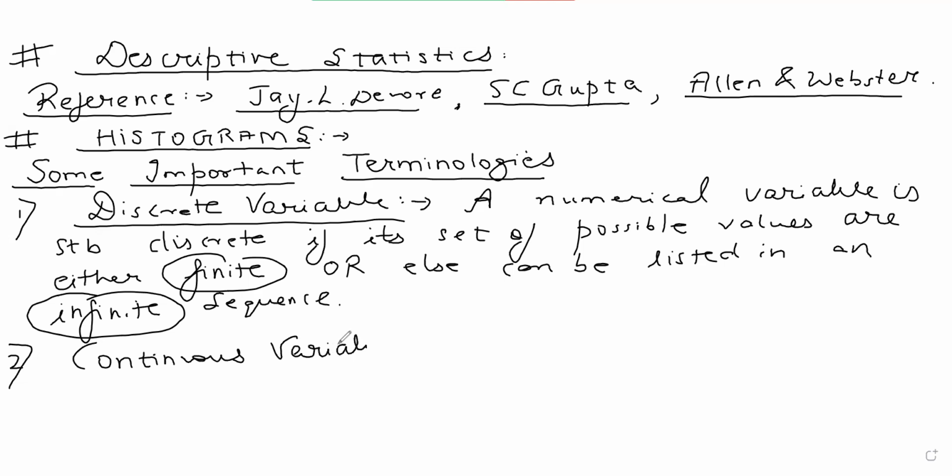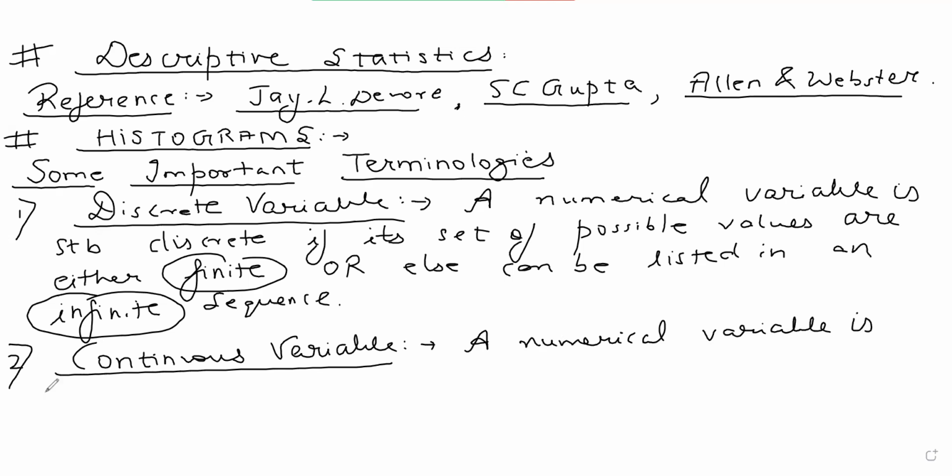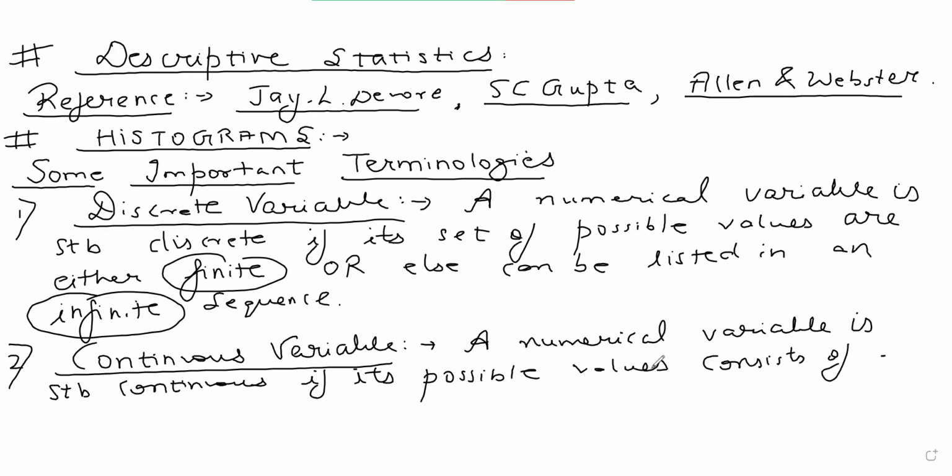On the other hand, when we talk about continuous variables, point number 2 is continuous variable. So I can write that a numerical variable is said to be continuous if its possible values consist of an entire interval on the number line.